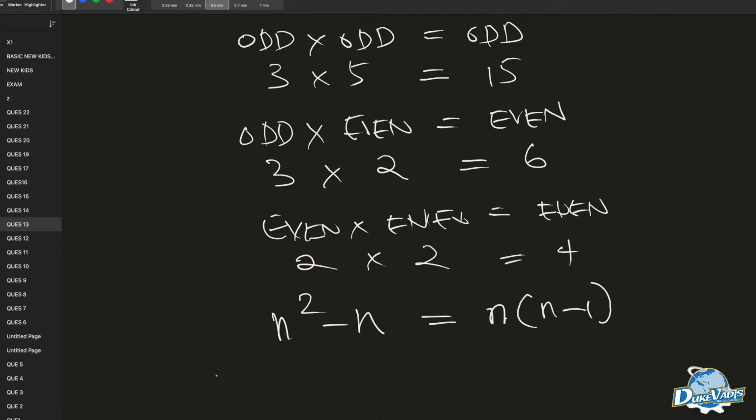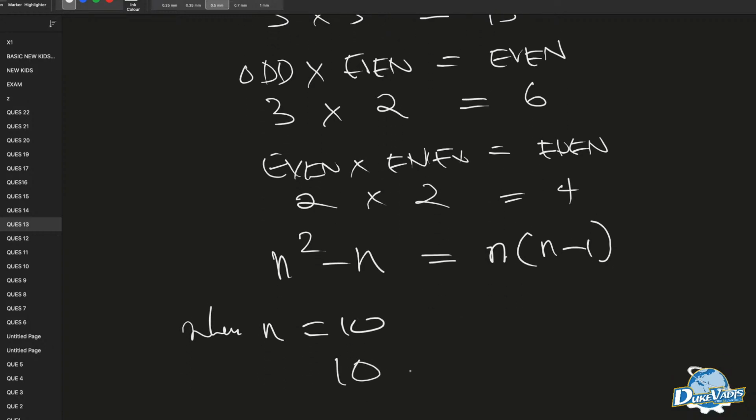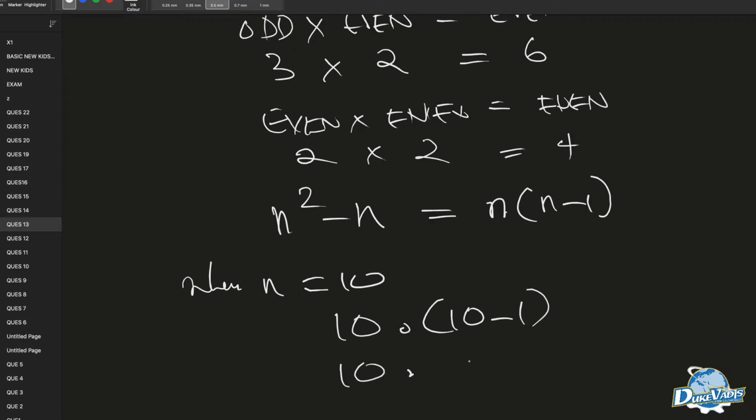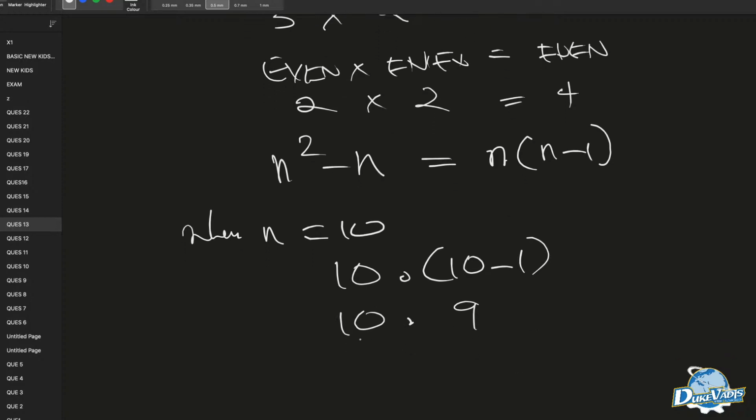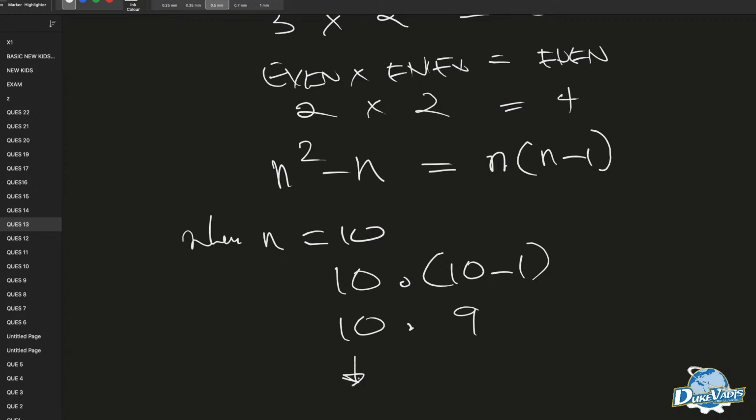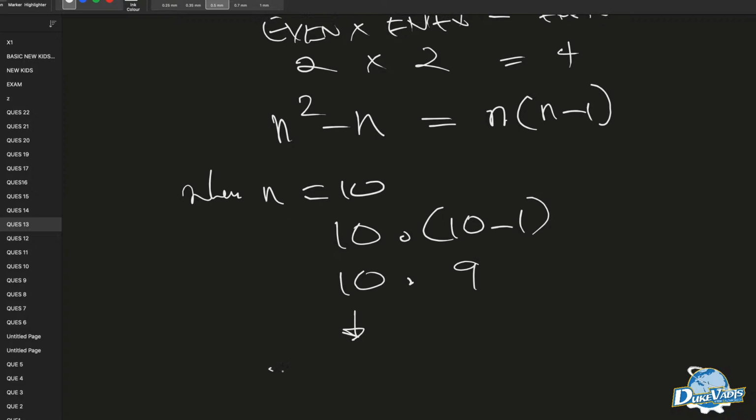For instance, when n is equal to 10, I get 10 multiplying 10 minus 1, which will be 10 times 9. 10 is even, multiplied by 9, which is odd. When I multiply even and odd, I get even.